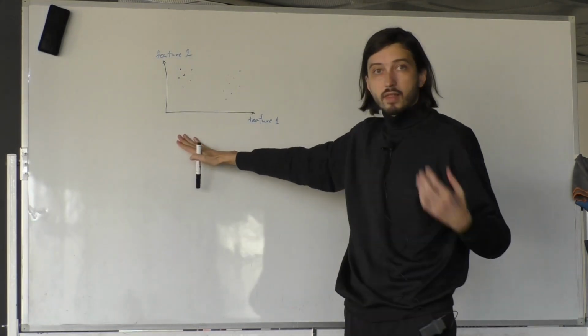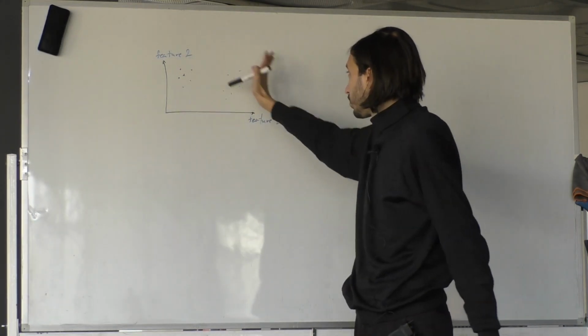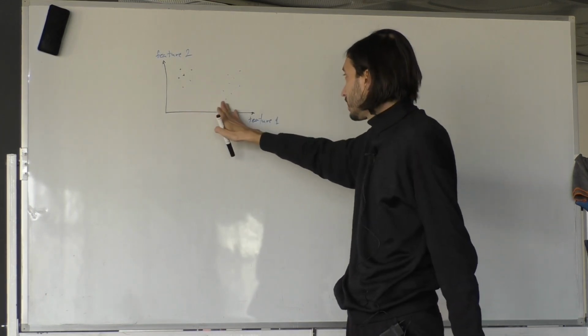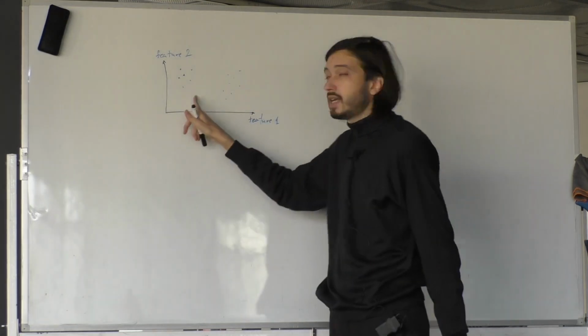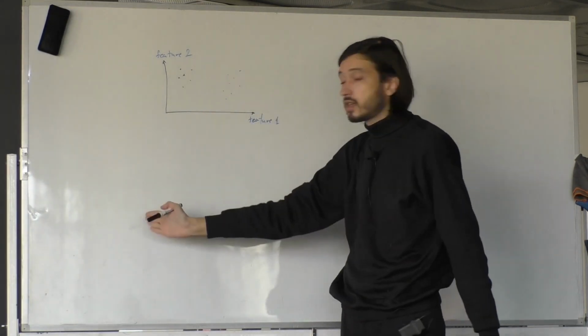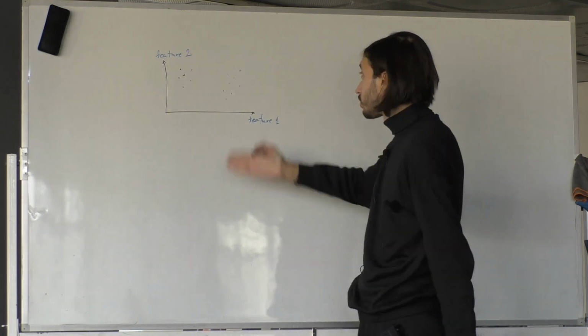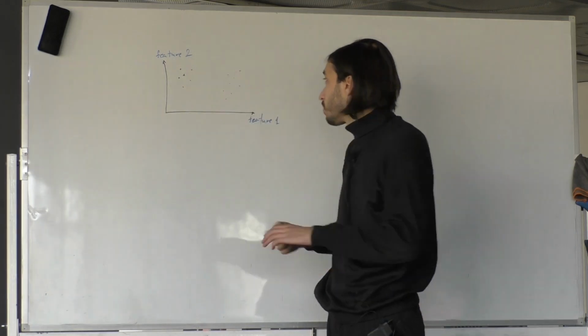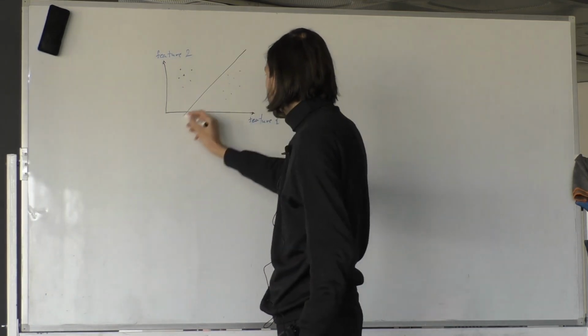Now, what I want my method to do, I want to separate these points. This is a very nice case in a sense that this data set is linearly separable. So you can separate these points by just drawing some straight line that passes somewhere, I don't know, maybe somewhere here.